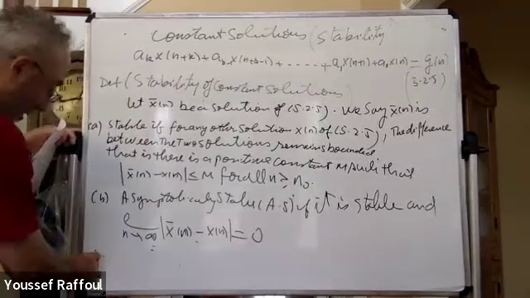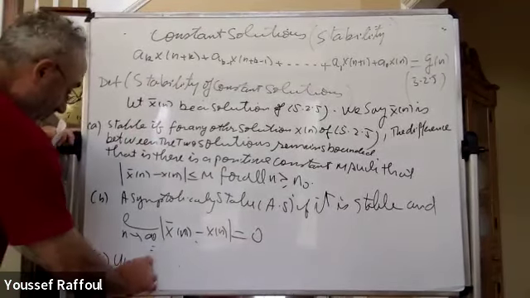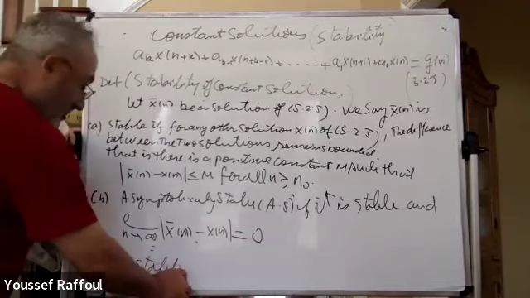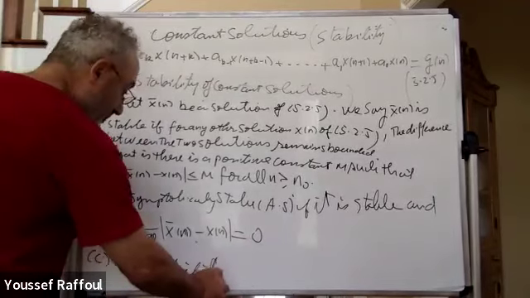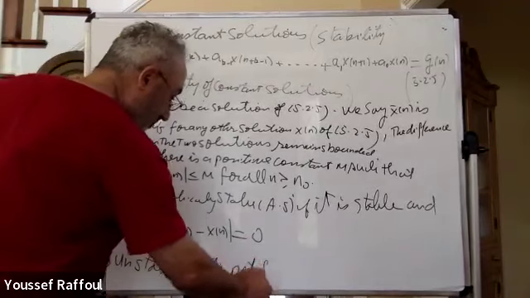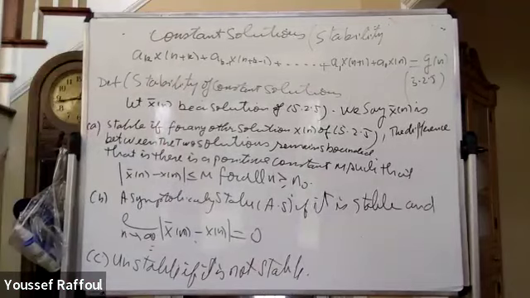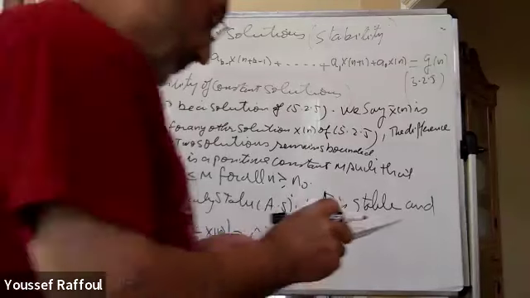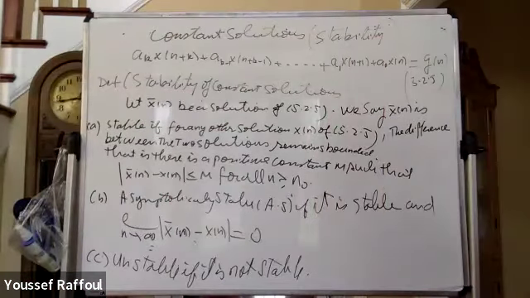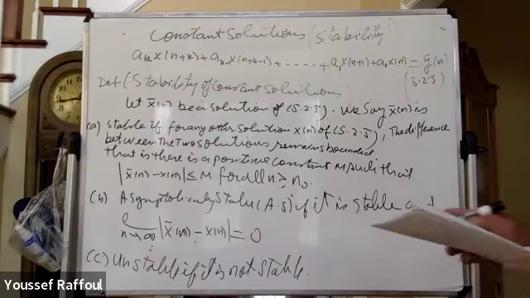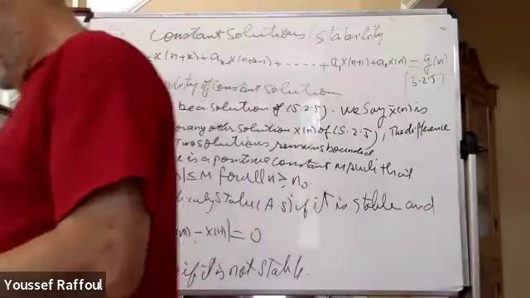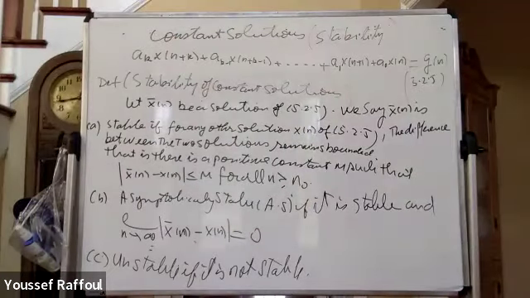Okay? C, unstable if it's not stable. Okay? So this is the definition. I'm going to do a couple examples.